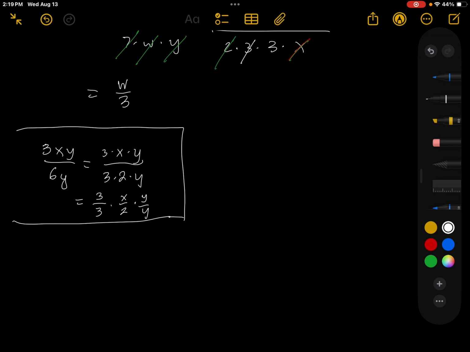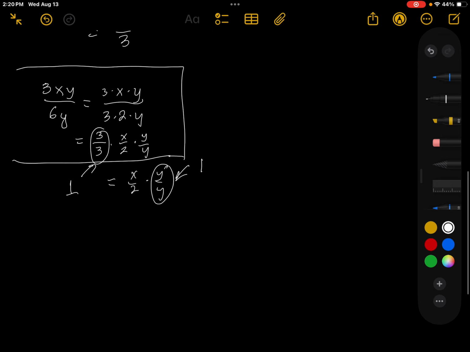Now 3 divided by 3 is the same as 1. And when I multiply anything, in this case x over 2 times y over y, by 1, I don't change the value. So this is going to be equal to x over 2 times y over y. Similarly, y over y is equal to 1, assuming that y is not 0.